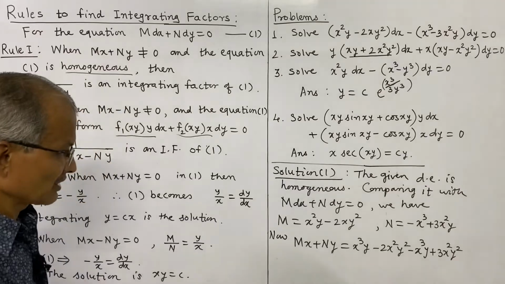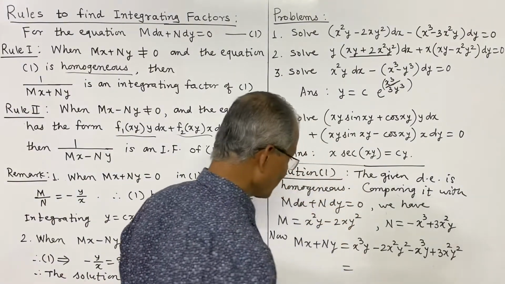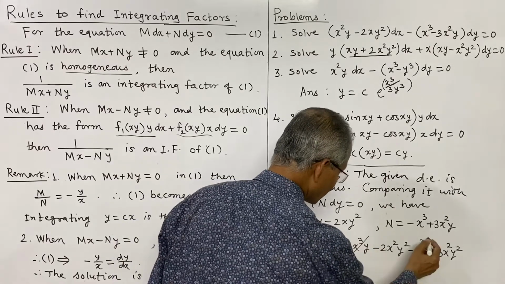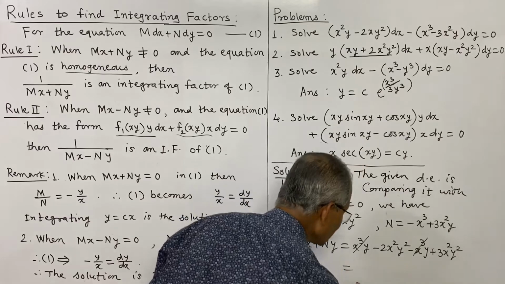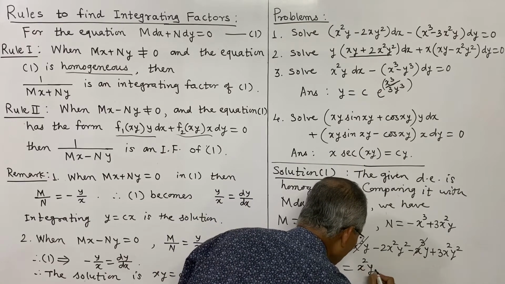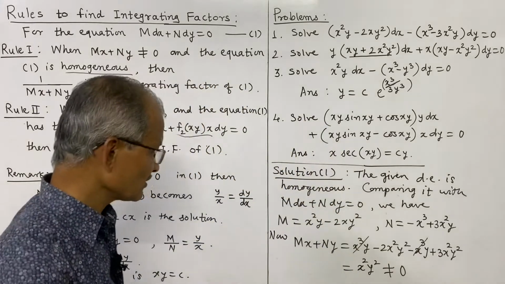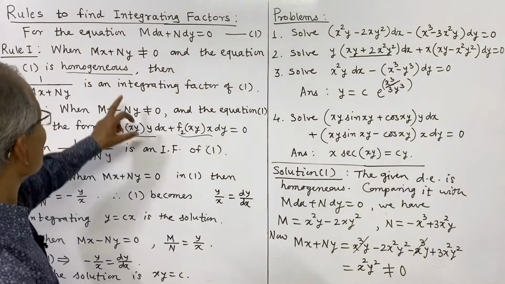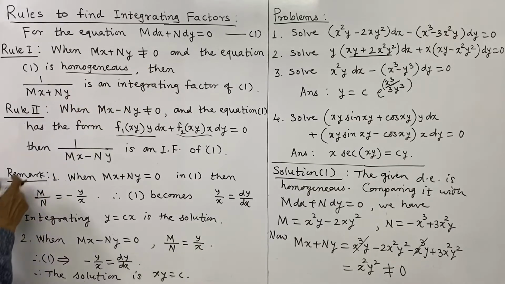You can verify this. And what is the expression? This term will be cancelled, and minus 2x square y square plus 3x square y square is x square y square. And see, x and y both cannot be 0, and therefore this is non-zero, and therefore the integrating factor is 1 over Mx plus Ny.